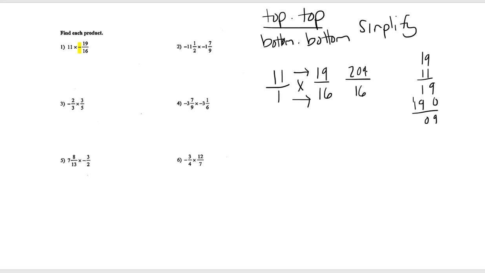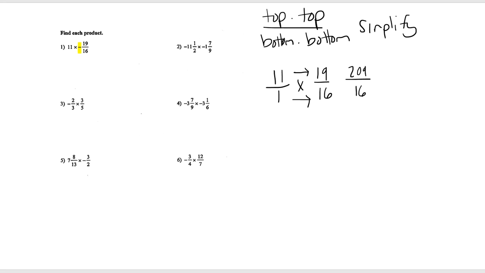So when we look at these two numbers, 209 and 16, and we're trying to find the greatest common factor between them, one of them is an odd number and the other one is an even number. We also need to think about the fact that if you have an odd number, it's never going to have factors that are even.